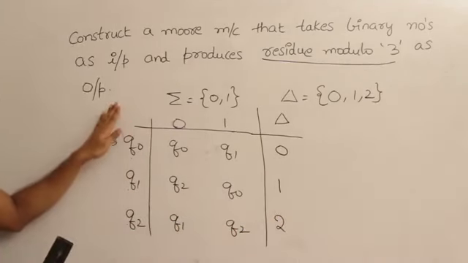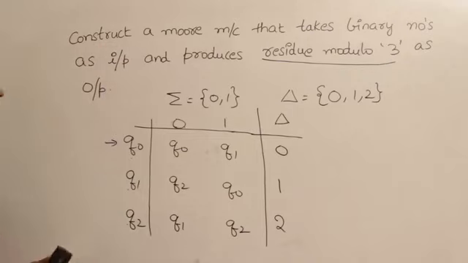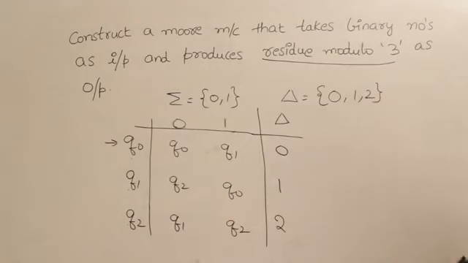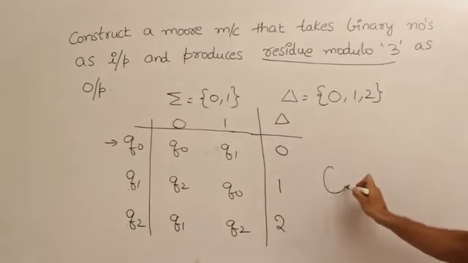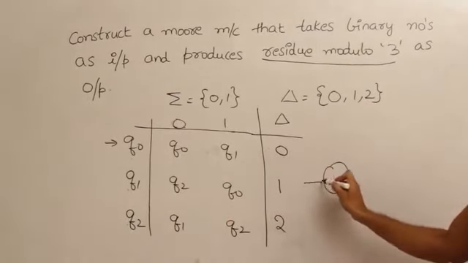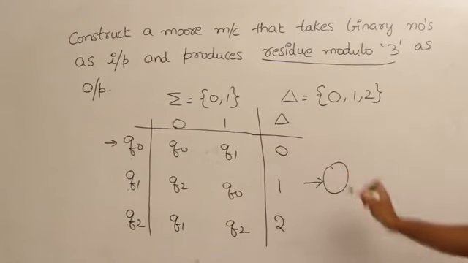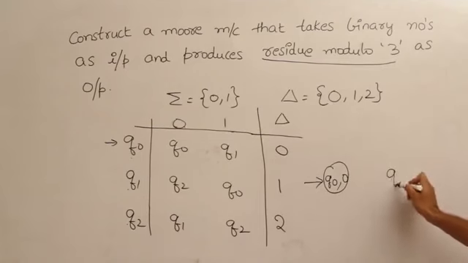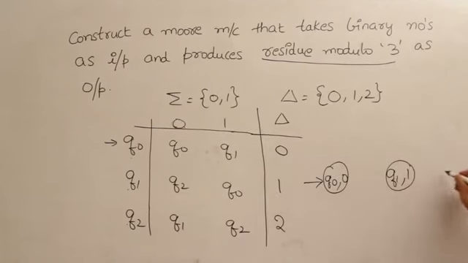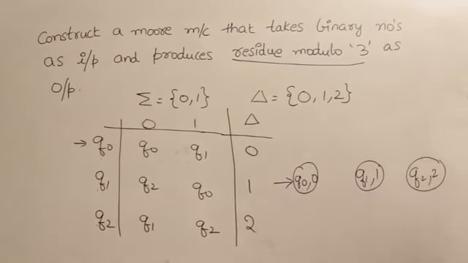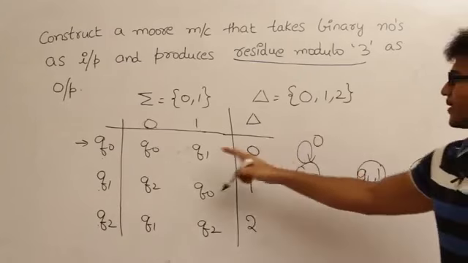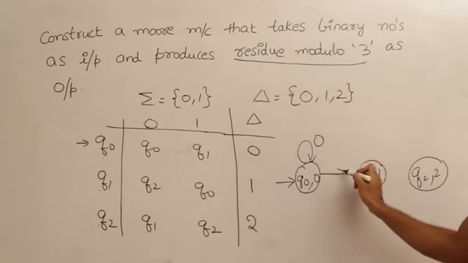This is the state transition table for the Moore machine, or you can even draw the state transition diagram. In the diagram, in Q0 you will be printing 0, in Q1 you will be printing 1, and in Q2 you will be printing 2, the remainders. Q0 on 0 goes to Q0 itself, and Q0 on 1 goes to Q1.